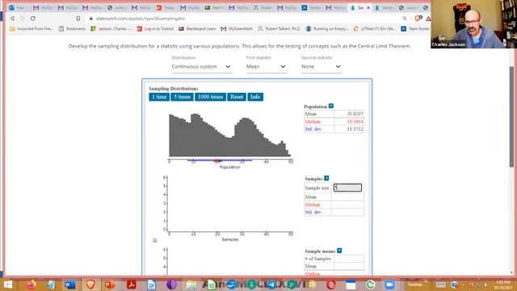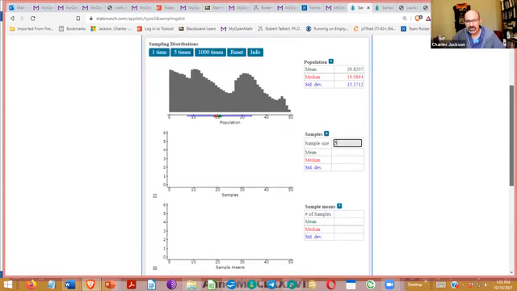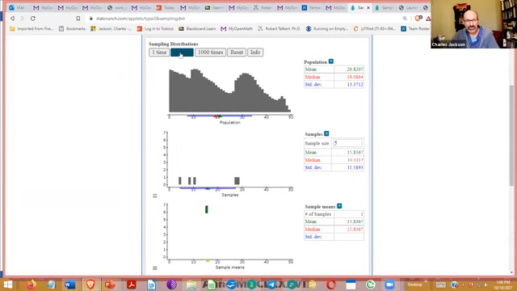We ran one at a time what that looked like, a sample of size 5, and then there was a mean there. And then if you do it 5 times, we're getting means of 5 samples of size 5.